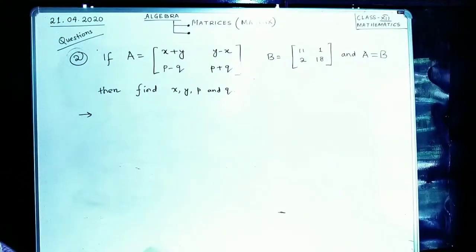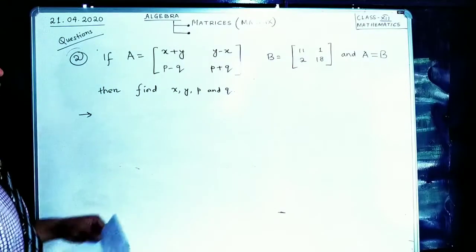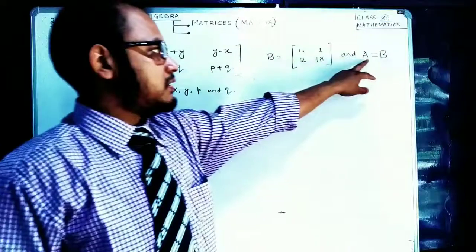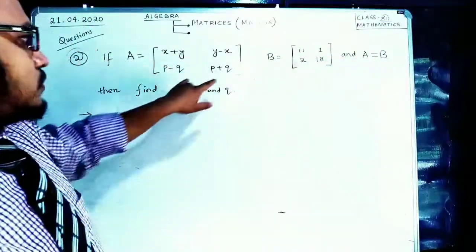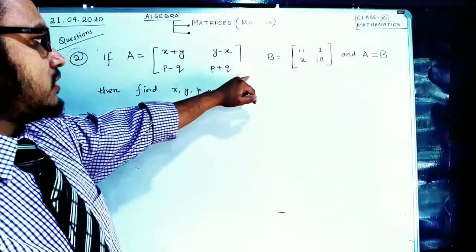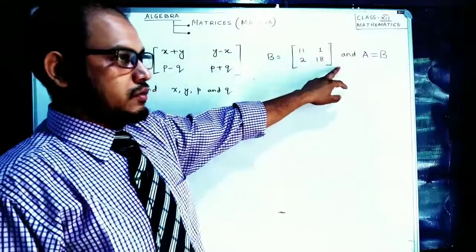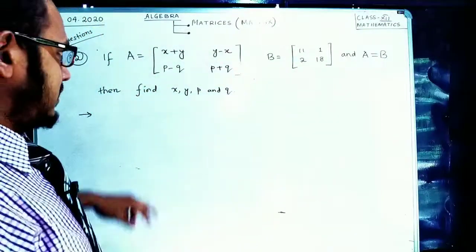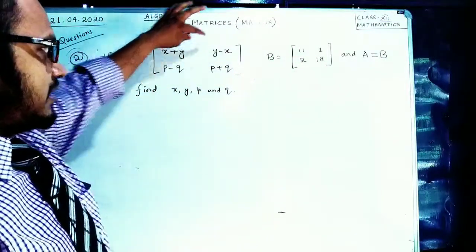It's easy. As we have discussed before, if two matrices are equal, it is given A equals B, so the order is 2 by 2 for both. So the first criteria is fulfilled. The second criteria is that corresponding elements must be equal.